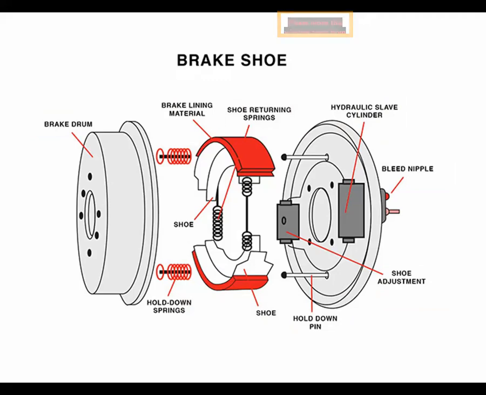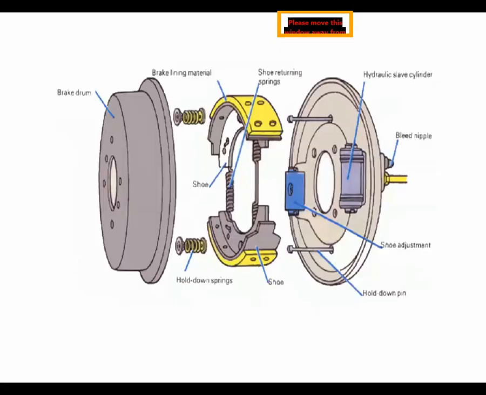So if you have knowledge of how to draw assembly to details, and if you have practiced a number of drawings from assembly to detail, then by observing this diagram of brake shoe, you can draw different parts, their front view, top view, or front view, side views, or at least one view of the brake shoe. This is one more diagram with different color codes: hydraulic slave cylinder, bleed nipple, shoe adjustment, brake lining material, brake returning spring, shoes, all these things you should know.